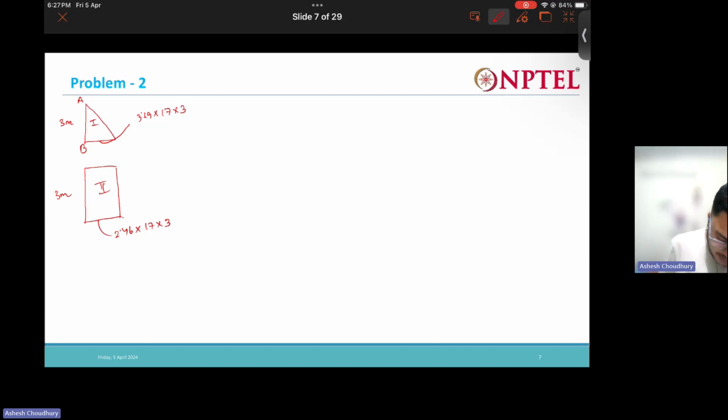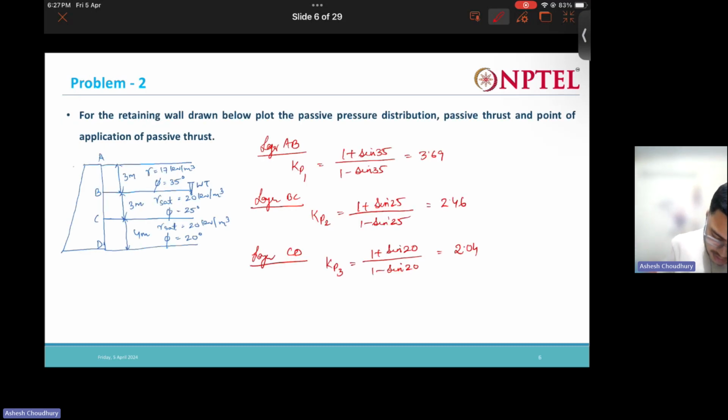Okay. Plus the other part, 2.46 into 20. 20 is given as the saturated unit weight. So here we have saturated as 20. So gamma submerged is 20 minus 9.81, which is equal to 10.19. Okay.